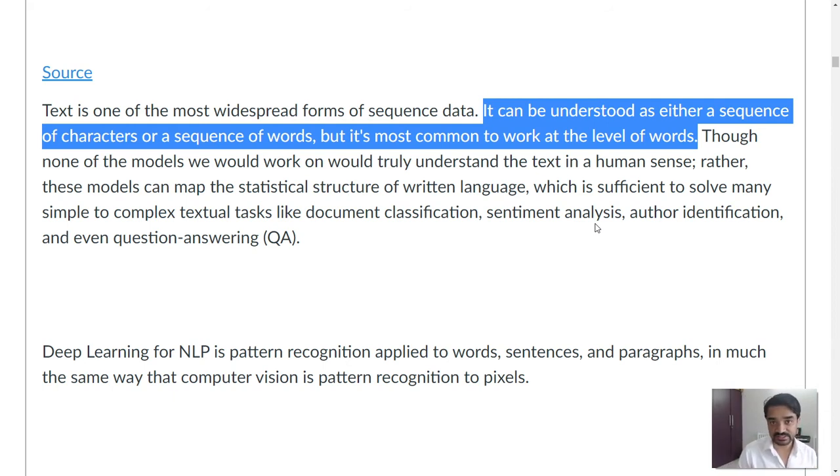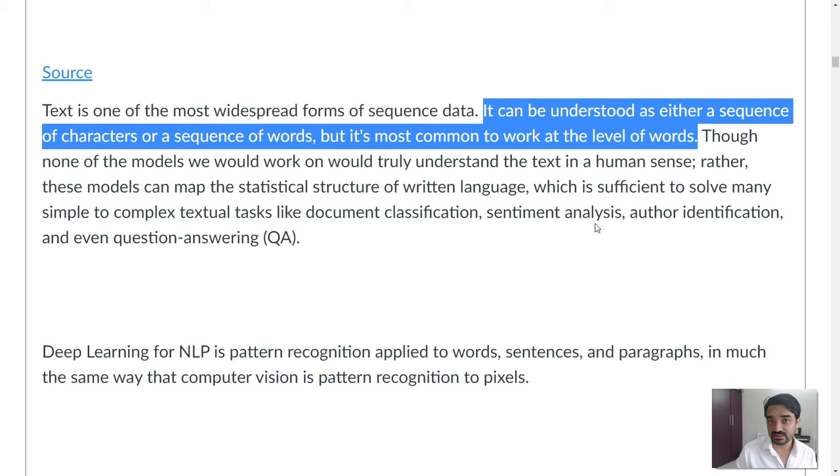We're going to see some of them today, and one of them forms the basis of GPT-3 as well, or GPT-1, 2. In most of the problems we are looking at in NLP, we are trying to solve them by this particular line: text can be understood as either a sequence of characters or a sequence of words. That is what text is all about, and that is what we are trying to make our models do.